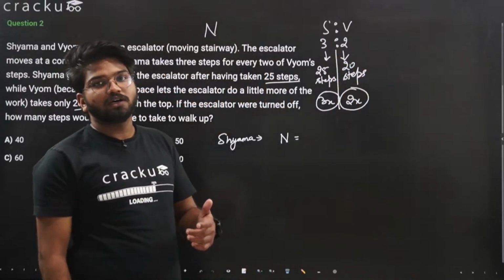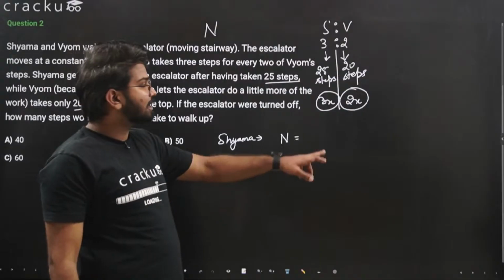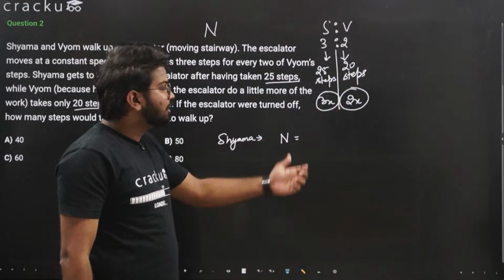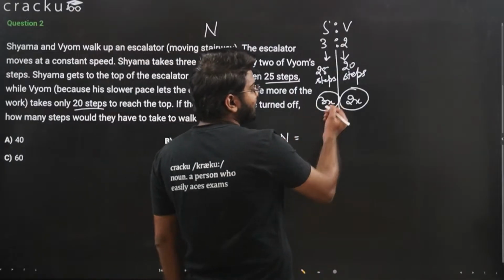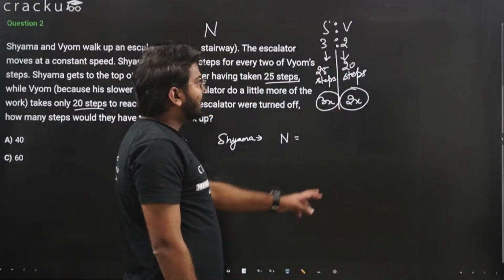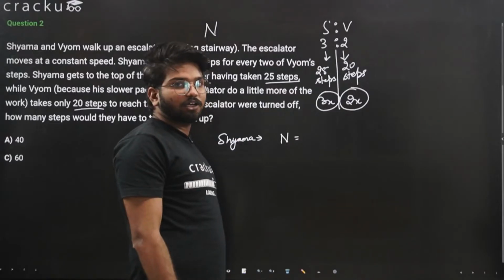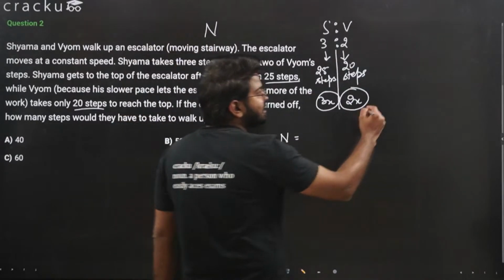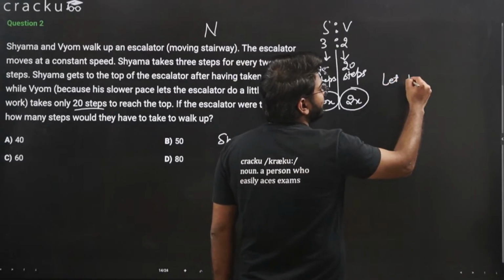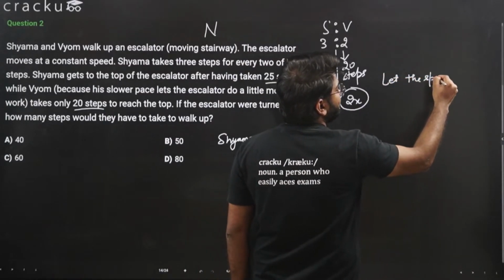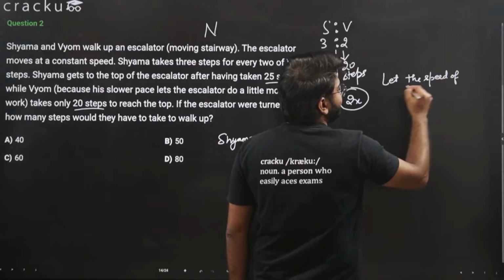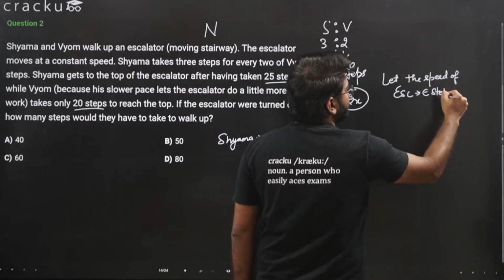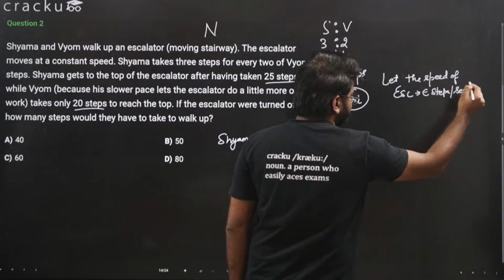So we have removed the ratio and considered a constant variable common to both, that is x. So Shama is moving at the rate of 3x steps per second and Vyom at the rate of 2x steps per second. Let the speed of the escalator be e steps per second.